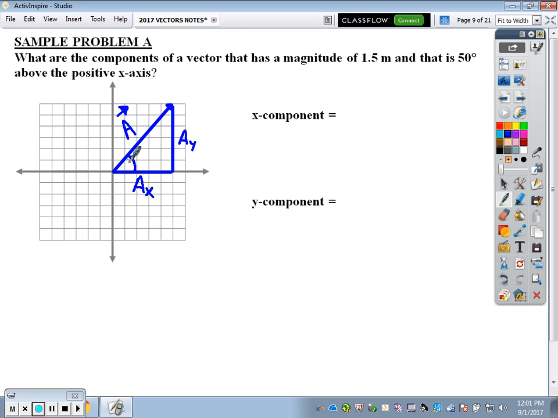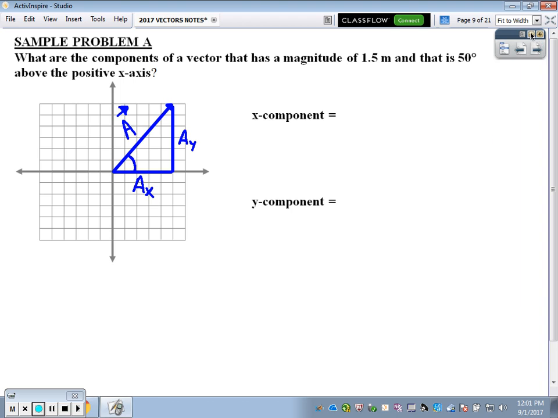Okay. So now let's talk about the setup in terms of the calculation. So we want to find the x component. I want to find the value of AY. Do we know any of the values? Obviously we know the angle, but do we know any of the sides of this right triangle?